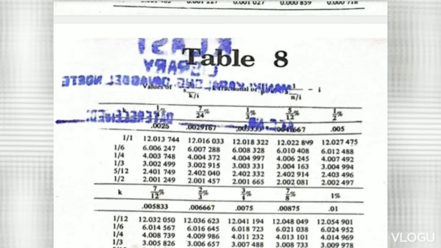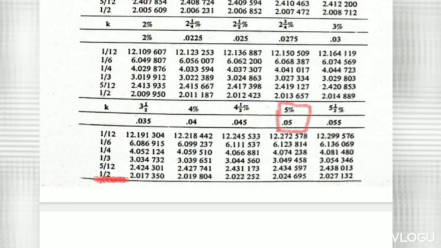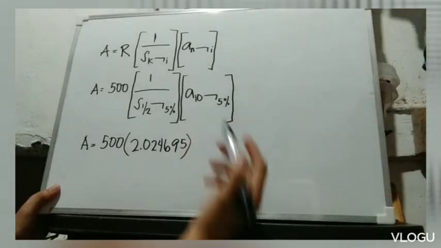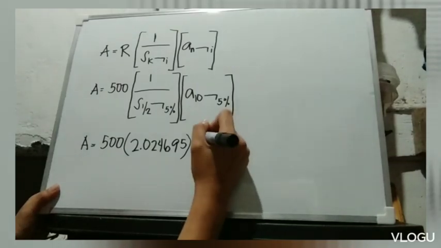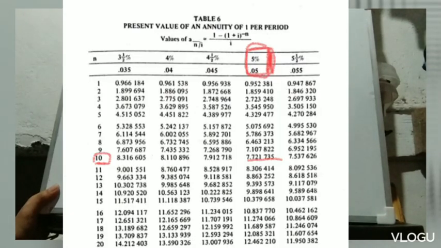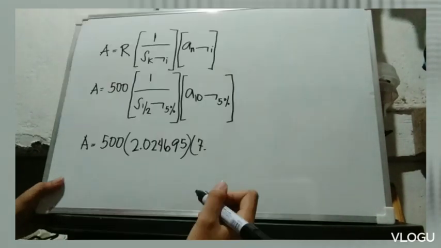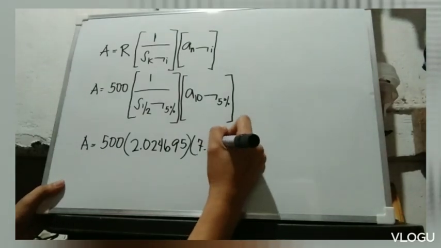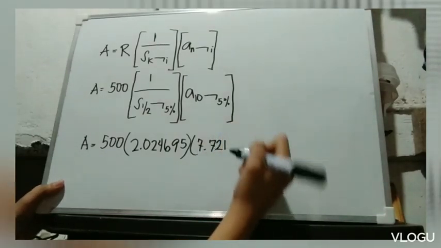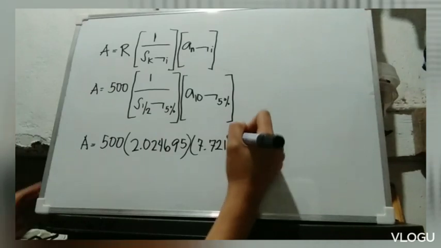So let's find in table 8 the value of our s angle 1/2 at 5%. So the answer is 2.024695. So let's find the a angle 10 at 5%. On the other side, we use table 6. And the answer is 7.721735.